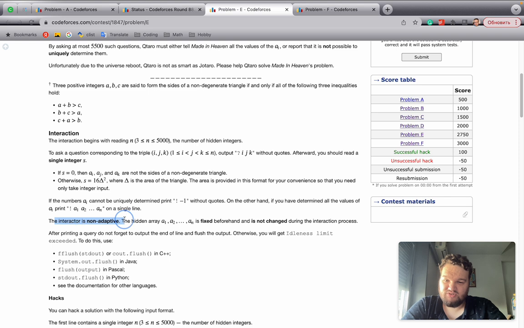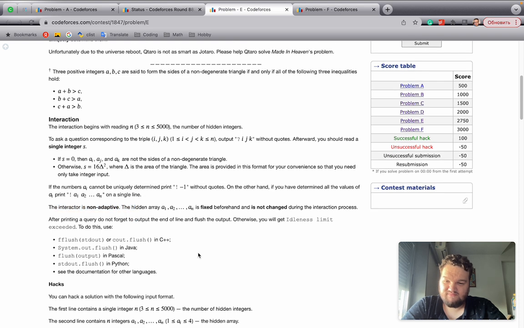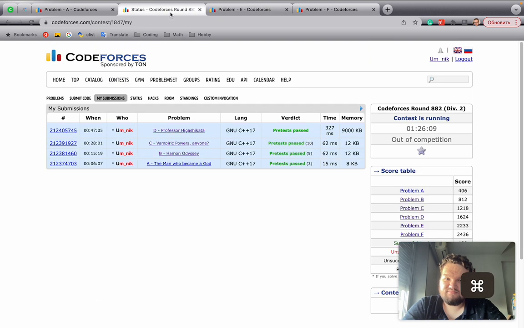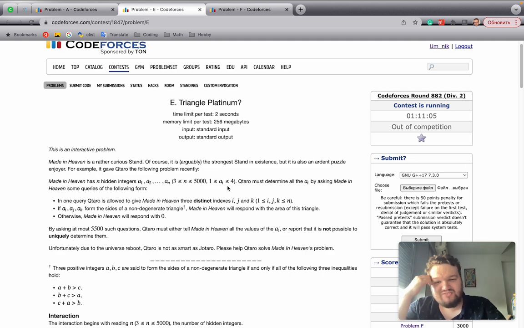The interactor is not adaptive. It kind of feels like, since the values are so small, I should look at what would be the responses for all the multisets of values.